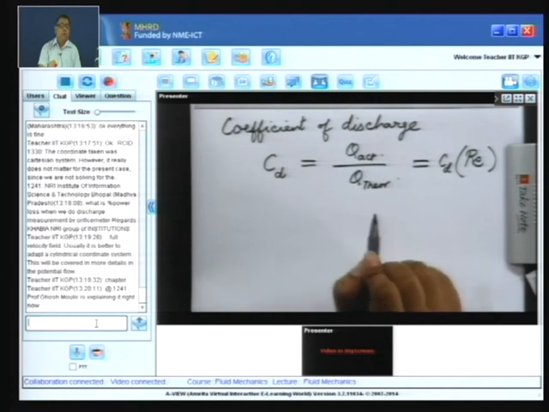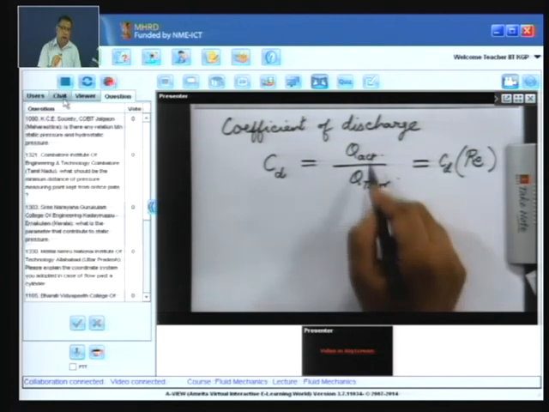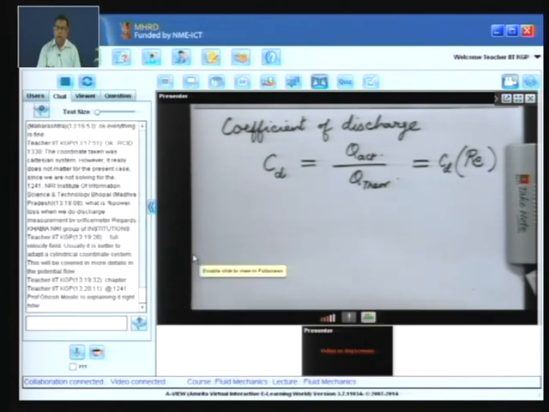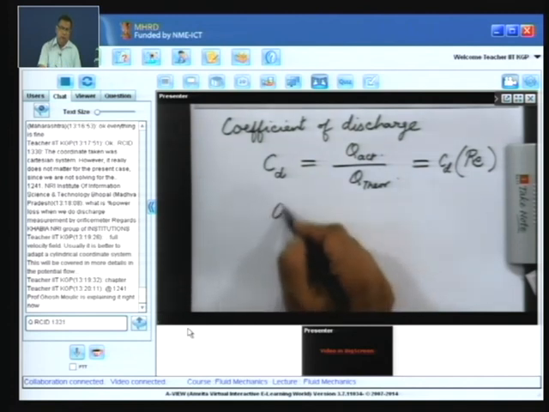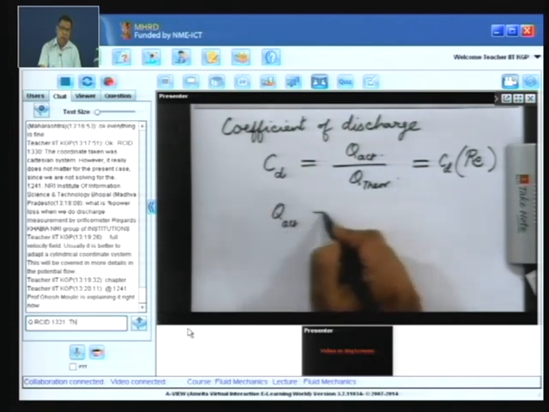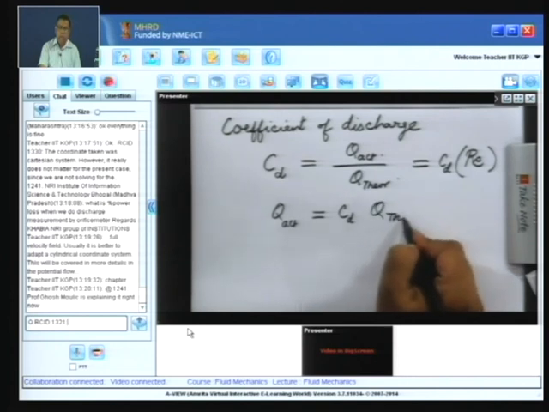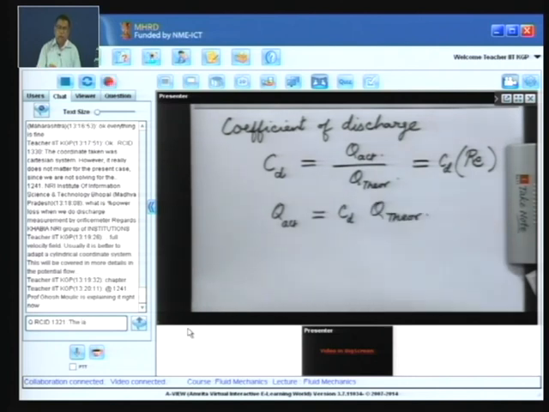So, if you had a truly inviscid fluid, this ratio would be 1, but all fluids are viscous fluids. There is no fluid with a viscosity 0. So, in practice, to get the Q actual, you have to multiply this expression for the theoretical flow rate by this C d.